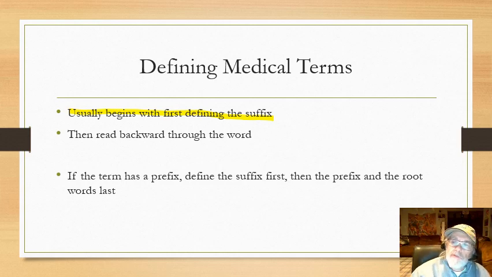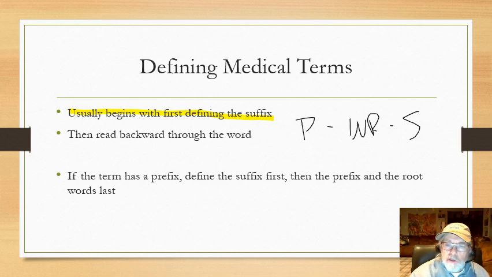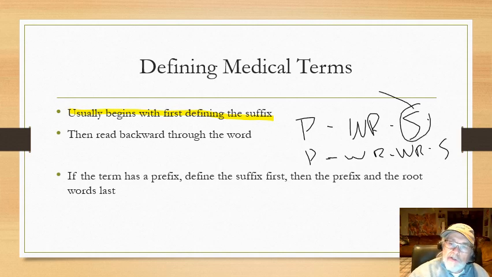Here's my word root, here's my suffix, and here's my prefix. Or let's take two word roots, word root, suffix, prefix, combined together. Start with the suffix. Once I define the suffix, jump to the beginning of the word, to the prefix, and then read from left to right.